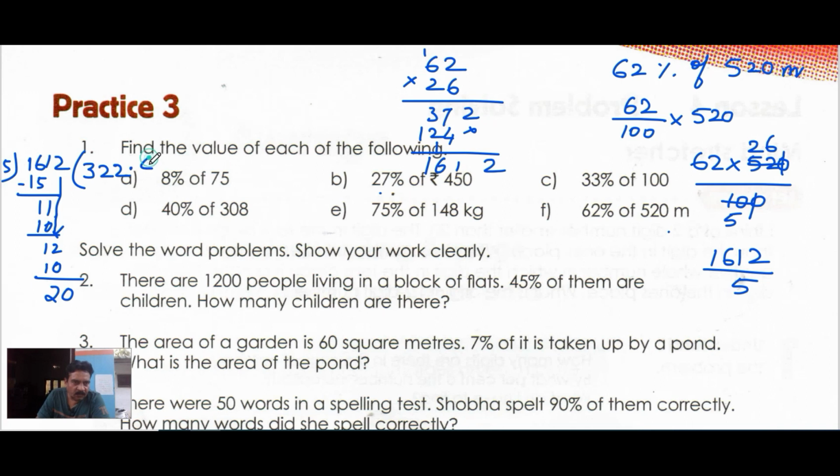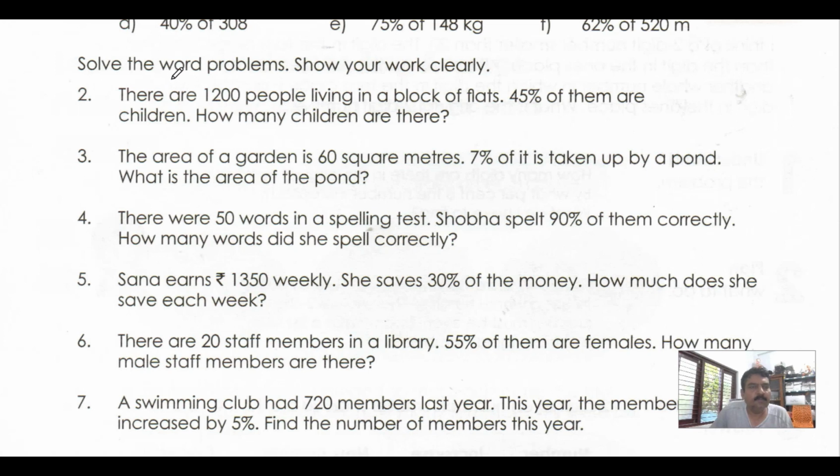Then 5 4s are 20, right? Then it becomes 322.4 meters. So 62% of 520 meters is 322.4 meters.